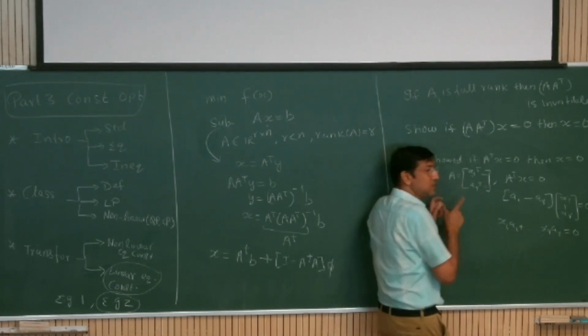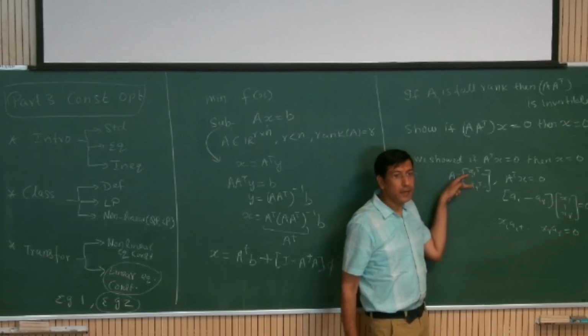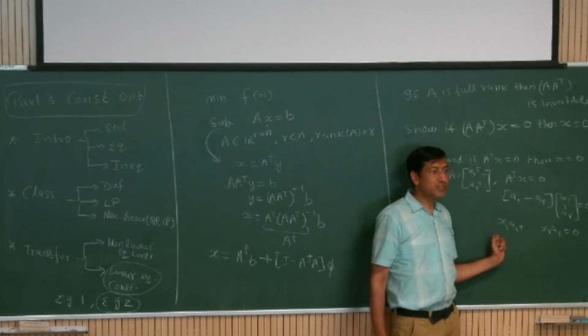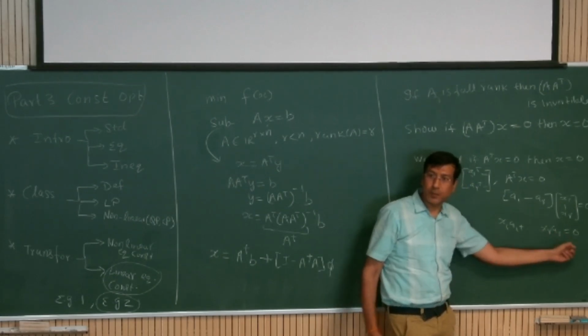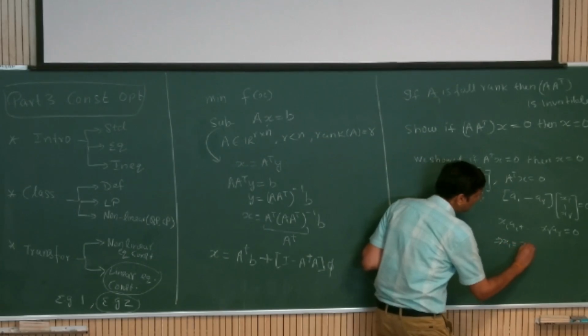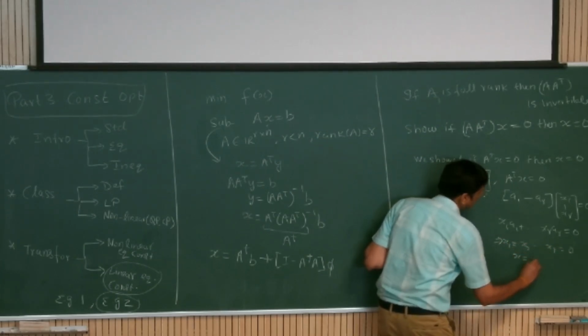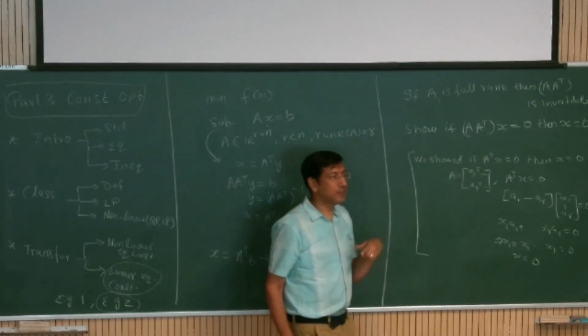Since A is full rank, the rows are linearly independent, which means these vectors are linearly independent. If a sum of linearly independent vectors is equal to 0, the constants have to be 0. So this implied that X1 is equal to X2 till XR is equal to 0, or X is equal to 0. So we had shown this part, but we had to show this.